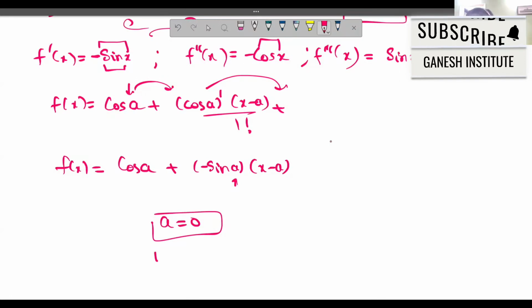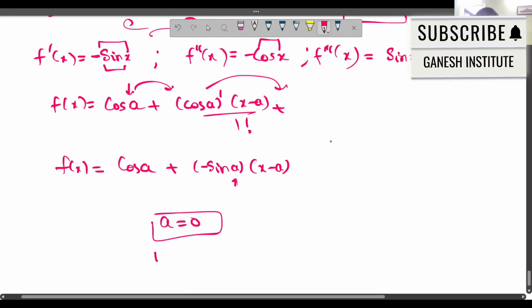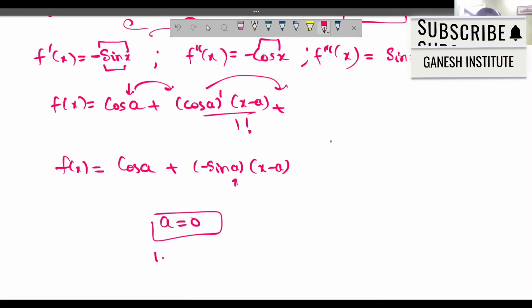And then next, again sine 0 is 0. So the form would be 1 plus, no, cos 0 is 1. One plus 0 into x minus 0.